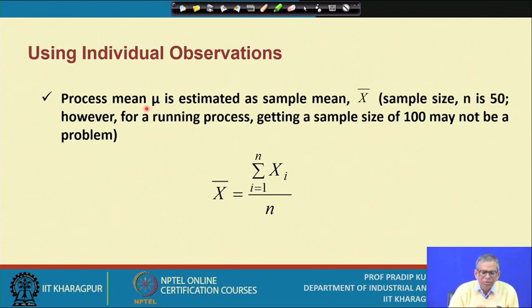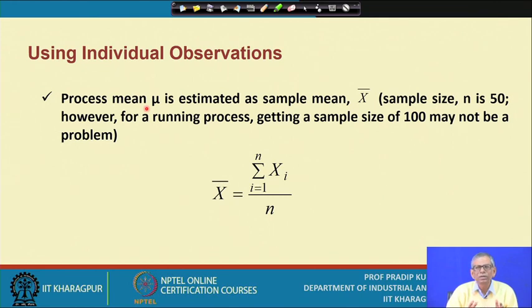So, what is the population? Suppose the total number of produced units in a shift, say 8-hour duration, is 2000 units of a component or a part.